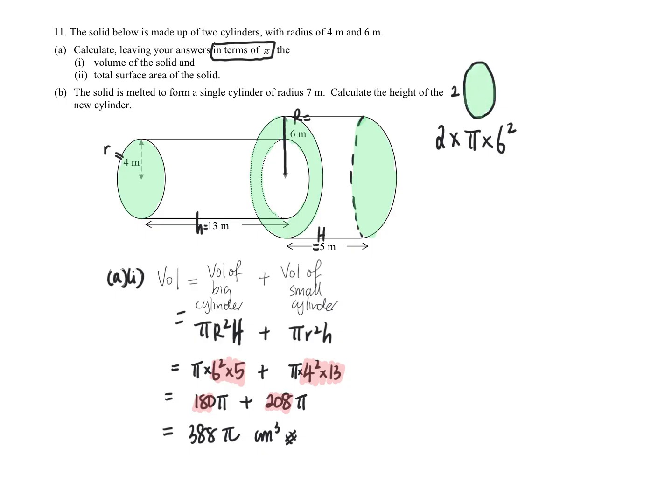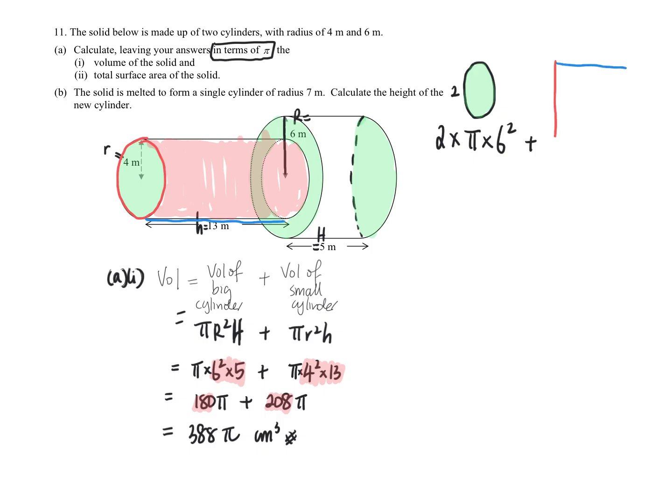What other surface do I have? There's also this curved surface of the cylinder. This part here. Remember, when I unroll it like a toilet roll, it is this length over this height.